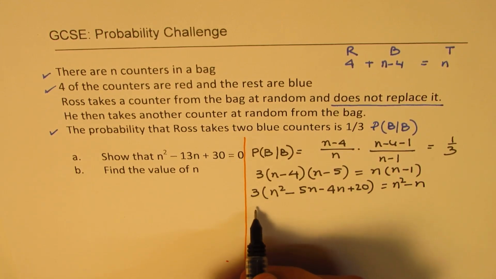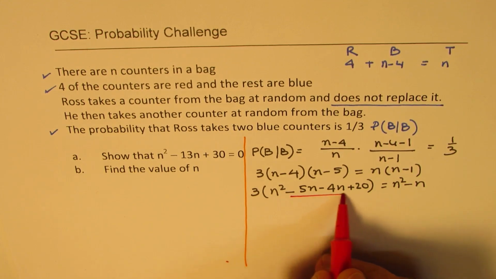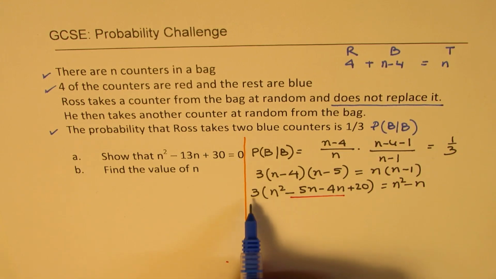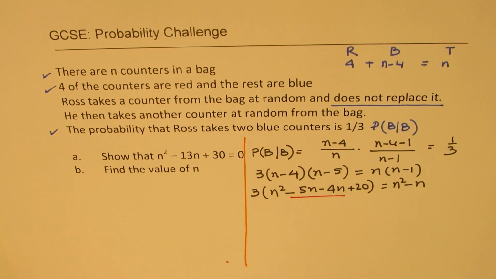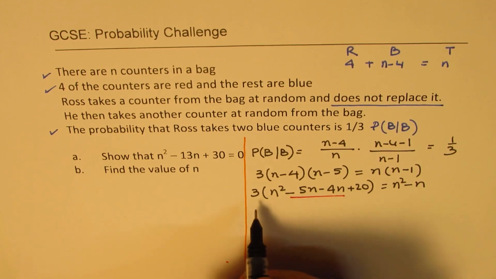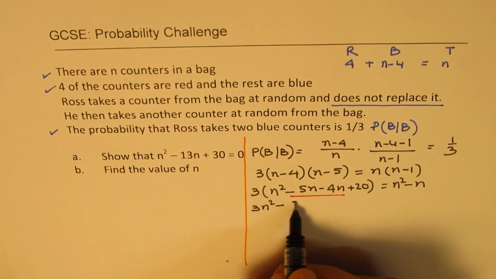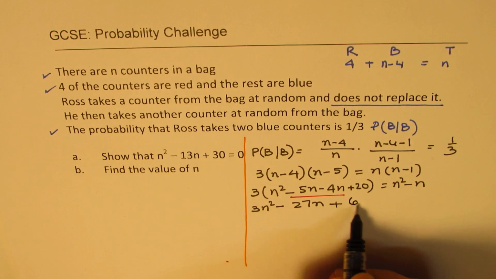Now let's open this bracket and we can actually combine these two also, right? So this becomes minus 9, correct? Both negatives, when you add them, minus 9. And when you multiply with 3, that becomes 27, correct? Okay. So we have 3n square minus 9 times 3, 27n, plus 3 times 20 is 60.